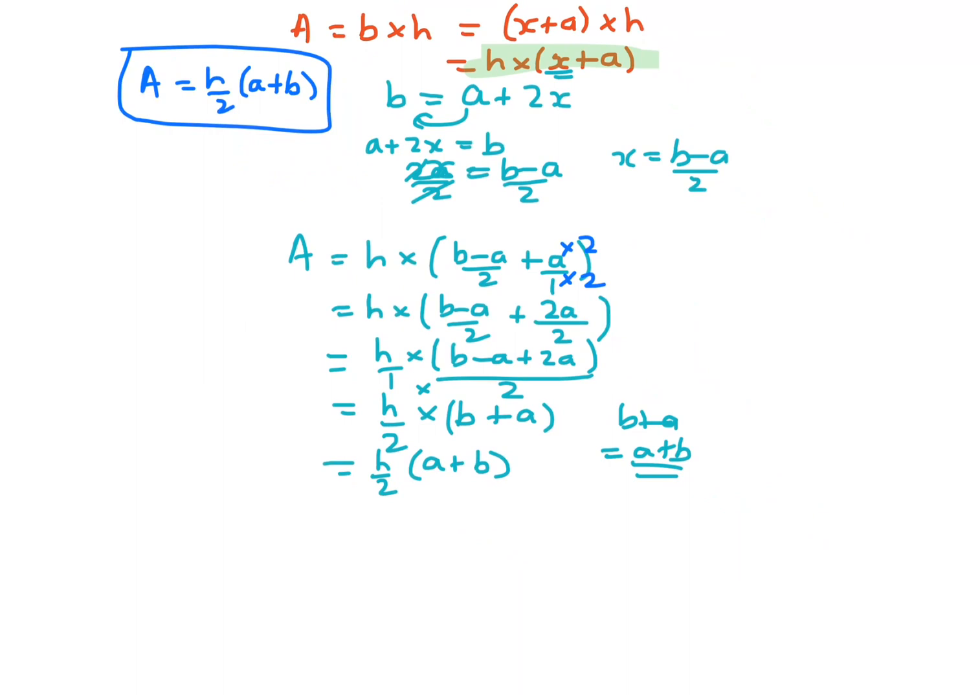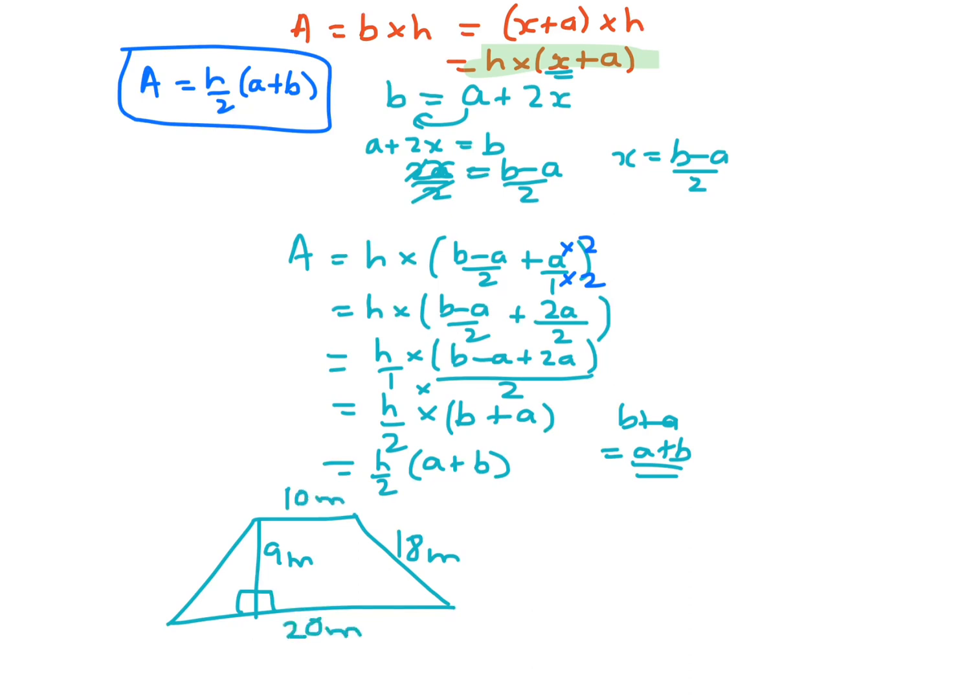So just finding the area of one more trapezium. I'm going to put 9 meters, 18 meters there, 10 meters, and we'll put 20 meters there. Okay, so we need a couple of things for our formula. We need the perpendicular height, and we just need the A and the B. This here is not important because that is the sloping height.